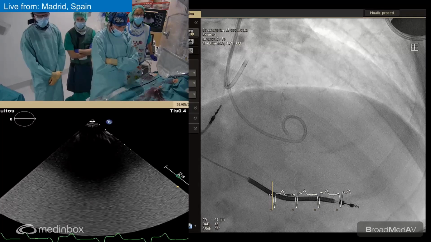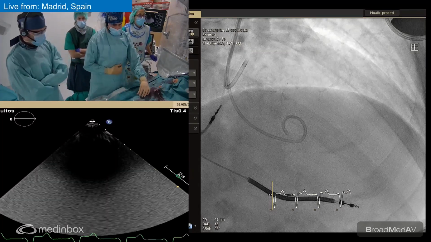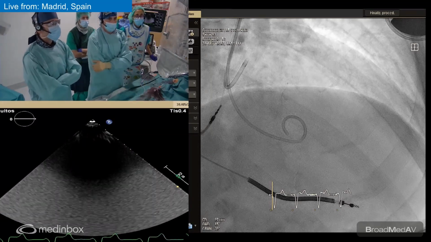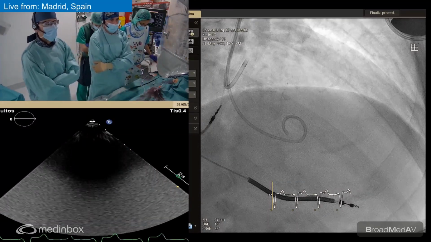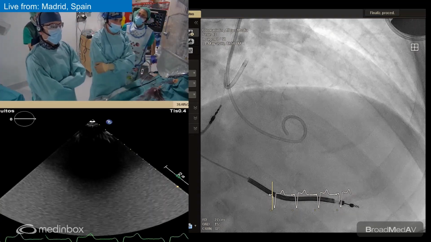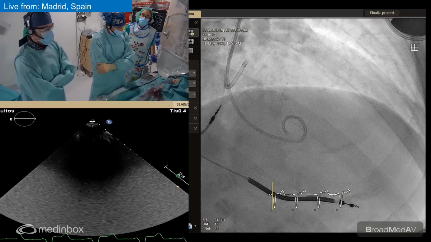This case is easier in that sense. Probably after 24 or 48 hours, the patient can go to hospitalization. It's an infarct at the end of the day.